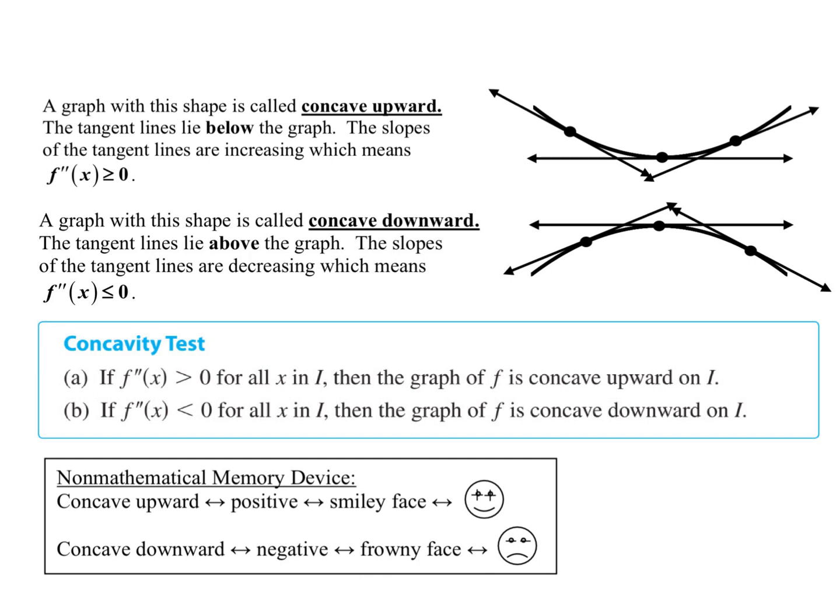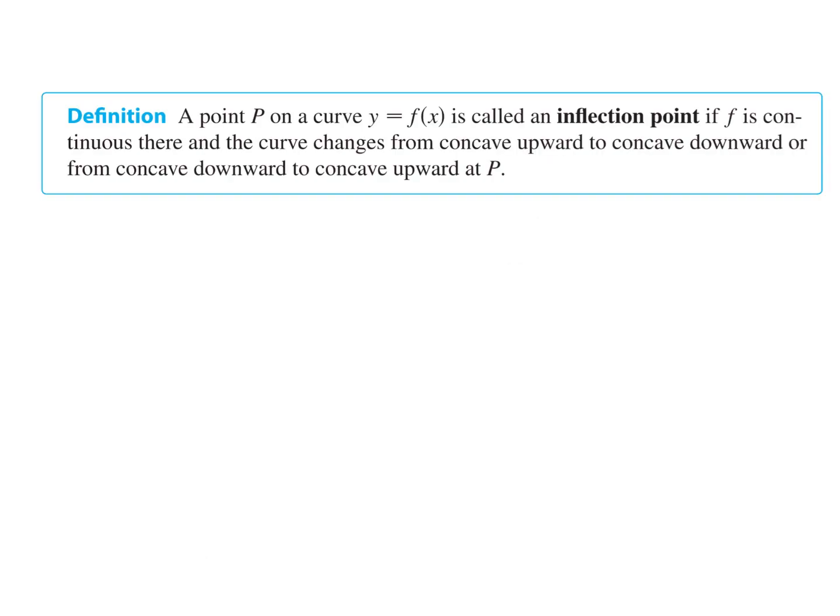Because now we do need to talk about inflection points. All right? And we alluded to this a second ago. The long story short is that an inflection point is a place where the concavity changes. Right? If it goes from concave up to concave down, or concave down to concave up, that becomes an inflection point. That's just the general idea.